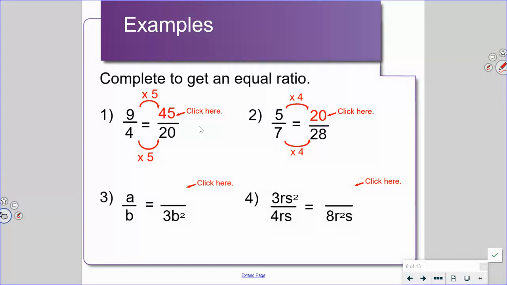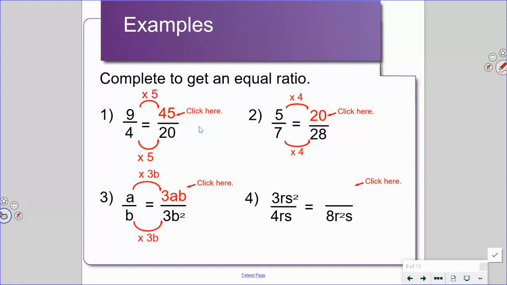Now, I want you to think about how we get from b to 3b. First thing we need is to multiply by a 3, but that only takes care of a single 3 and a b, and we need a b squared, so we might need an extra b there. Therefore, in order to get an equivalent ratio, we would have to multiply both the numerator and the denominator, both sets of ratios, by 3b.